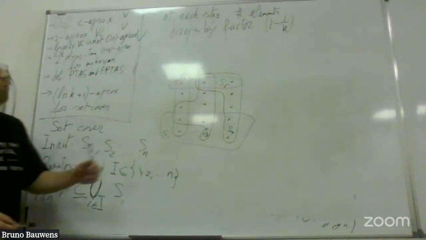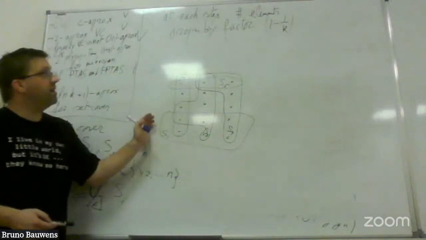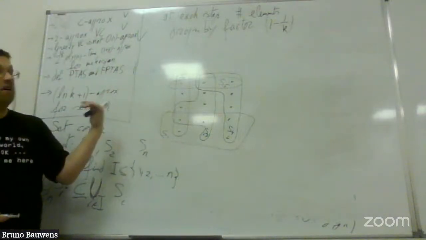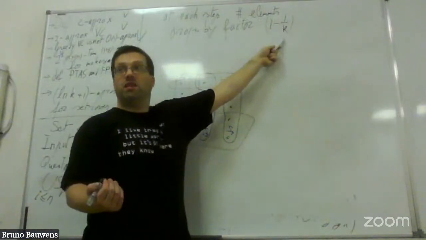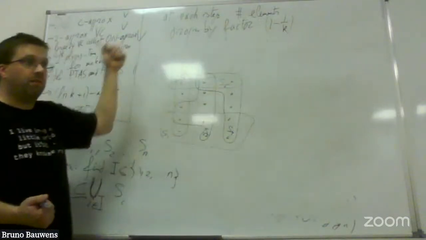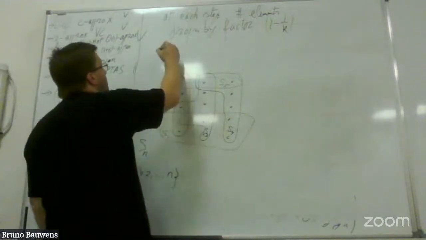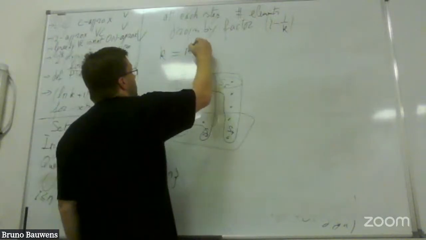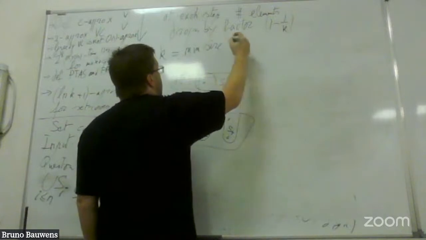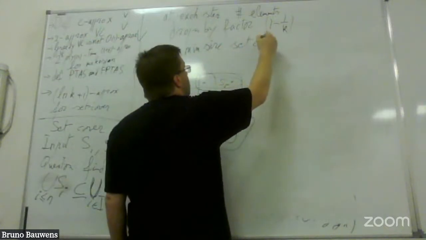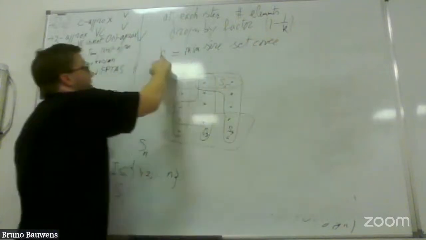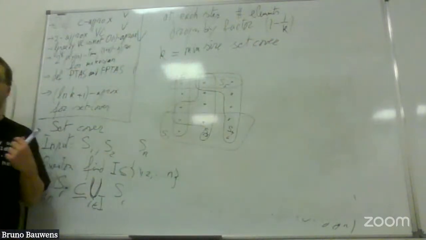Okay, so why, if we choose the biggest set, do we lose at least a 1 over k fraction of the elements? Sorry, I didn't say what k is. k is the minimal size of a set cover. In our example, k is 3 because we have 3 sets.